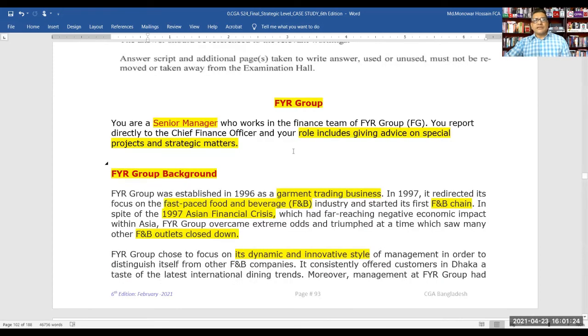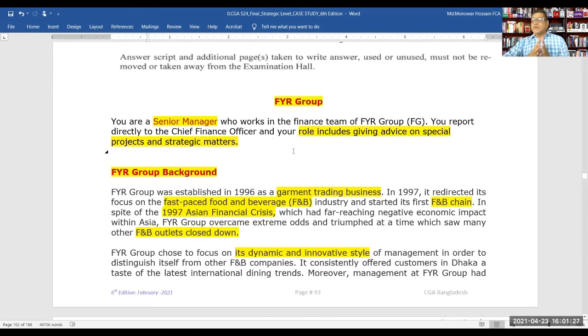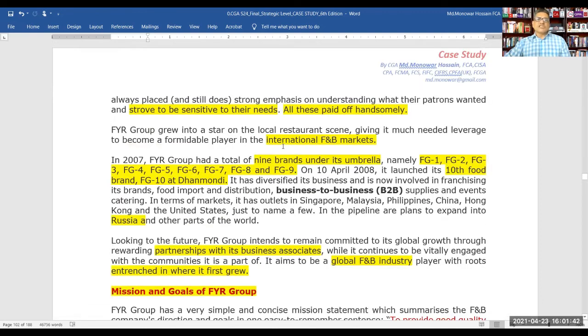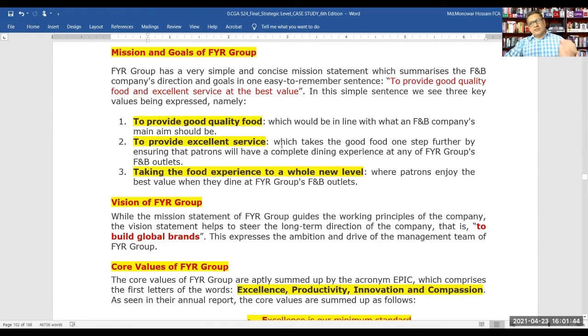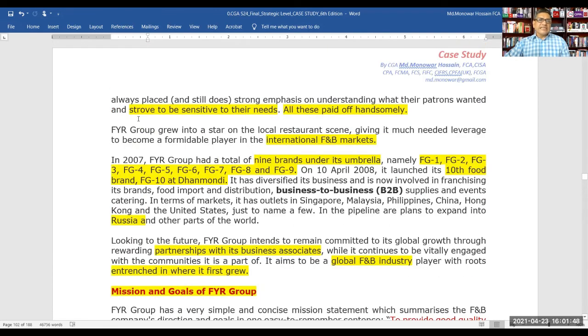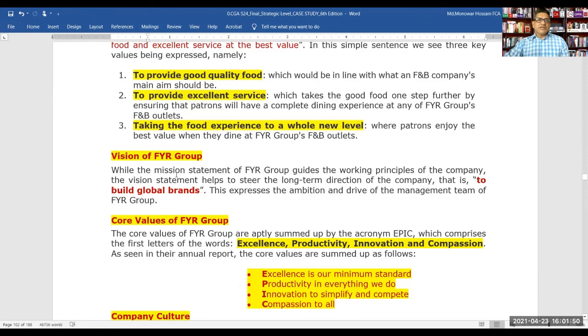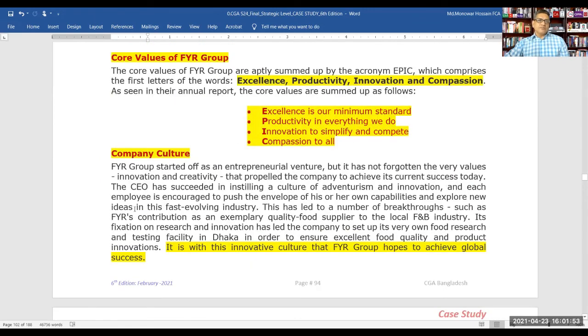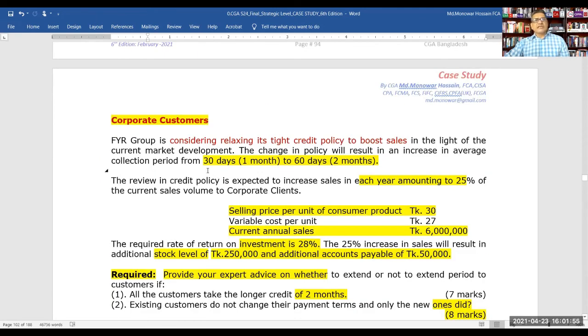We have to read the total case study very carefully, because in each and every line there is some instruction. Based on that instruction, we have to write down everything. This case is set up very easily because all requirements are within that point. But sometimes in our case study, all requirements come at the last.